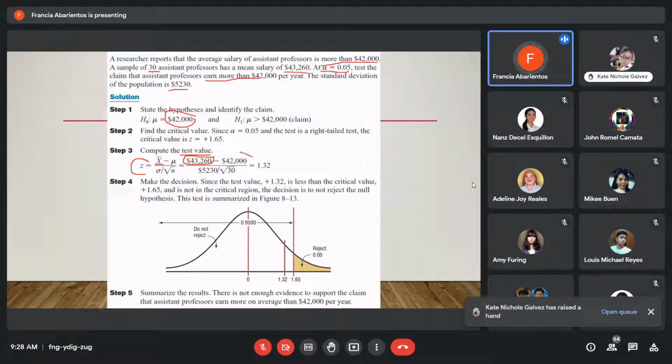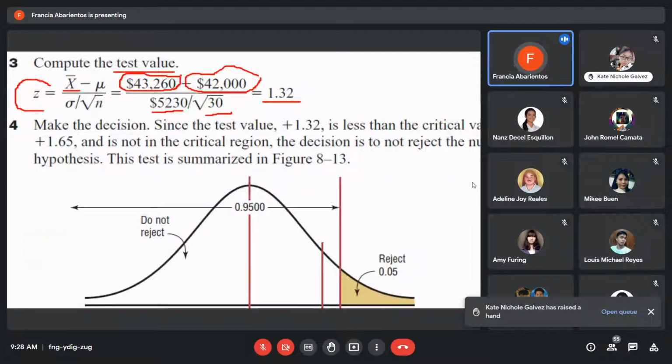So, minus of that, divided by the standard deviation of the population, which is given in the problem. Okay? Divided by the square root of the number of the samples, which is given in the problem. So, we have now positive 1.32. Okay. Ayan. So, nakuha na natin yung test value now.